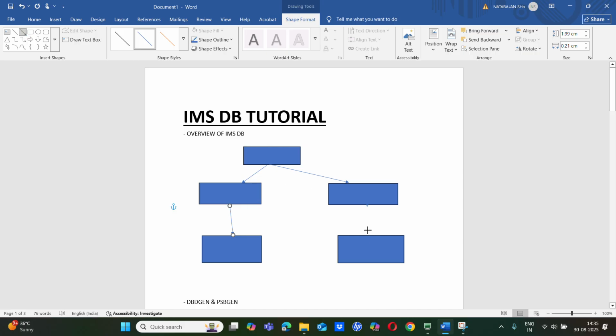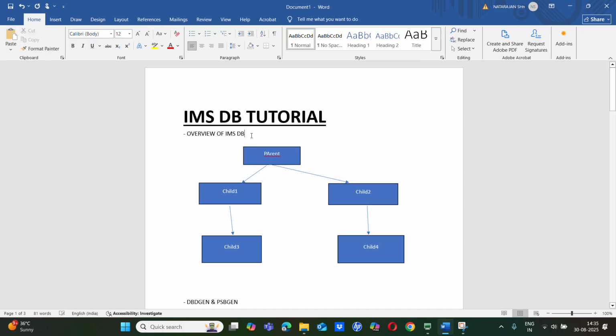The very first root segment is known as the parent, and let us say these are child 1 and child 2, then child 3 and child 4.